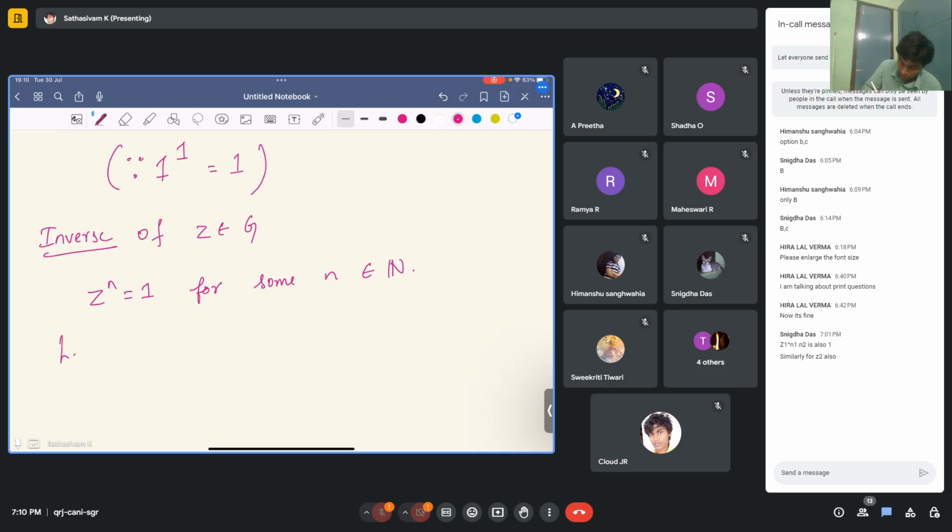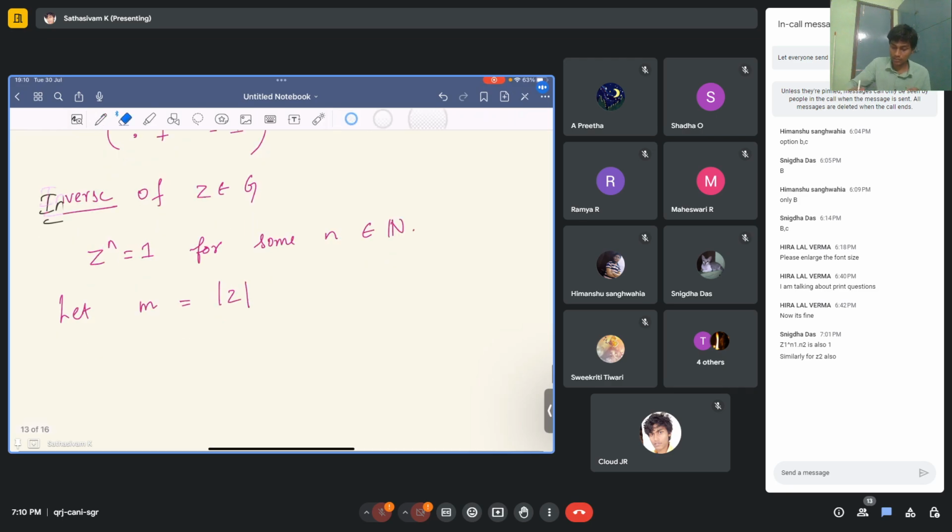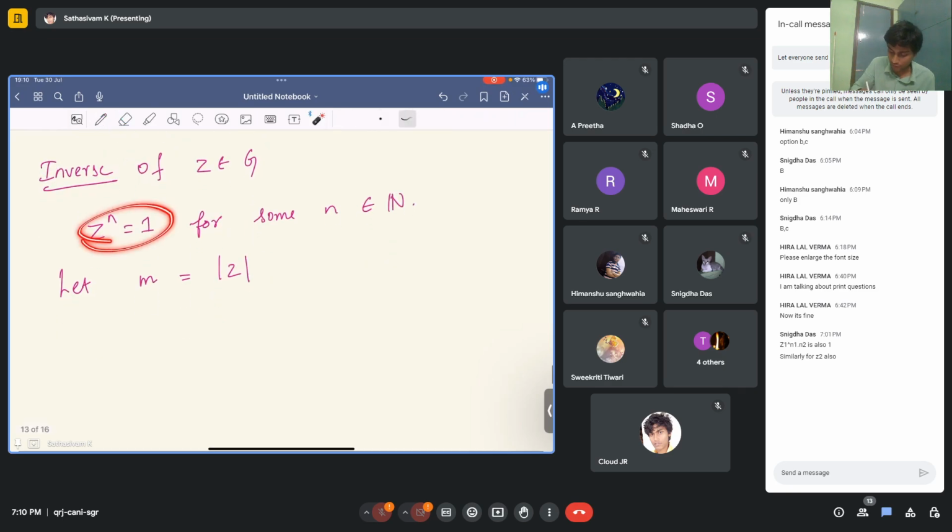Let m be the order of Z. It exists because for some n it has to be 1. Order is the smallest such number. If no such number exists, you may not always talk about the order. But since for some n, Z power n is 1, you can always look at the smallest such n, and that is the order.